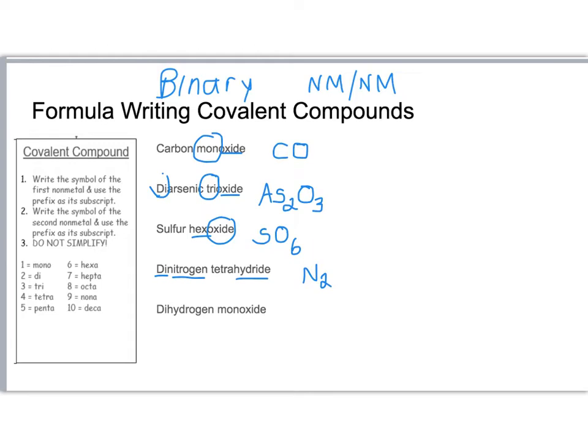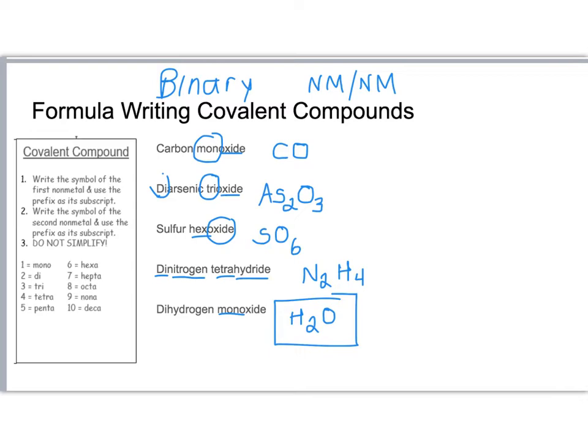Hydride would be the nonmetal hydrogen. And tetra means 4. And lastly, dihydrogen. So hydrogen is H, di is 2. And we have oxide again, oxygen, as our second nonmetal. Mono means 1. And hopefully you recognize that H2O is water. So the official name for water is dihydrogen monoxide.